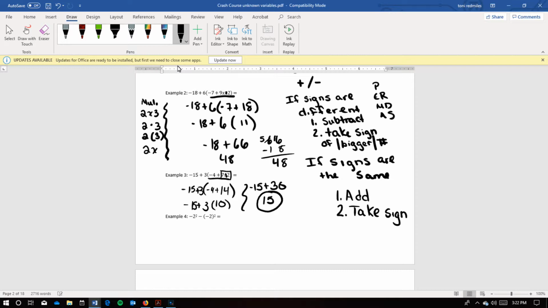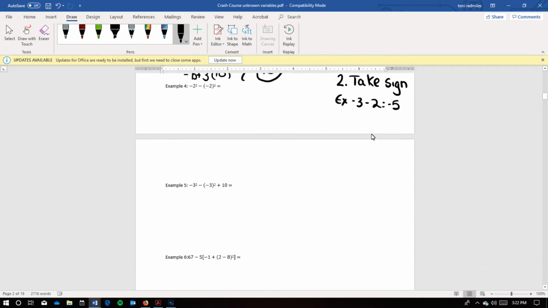Like if I have -3 minus 2, they're both negatives. You don't have to worry about which one's bigger. They're both negative. It doesn't matter which one's bigger. I'm just going to add the two numbers together and it's going to be negative. Again, if you want some more clarification on that, take my crash course on that particular skill.